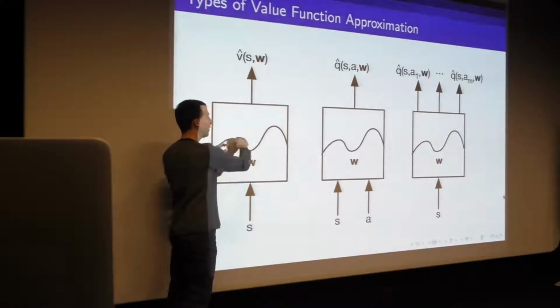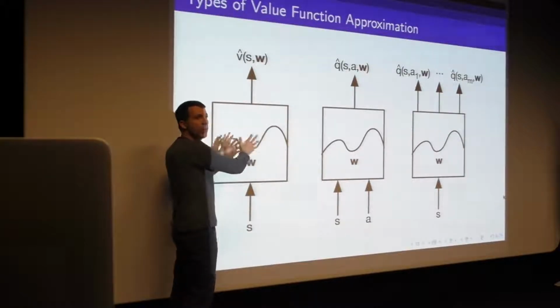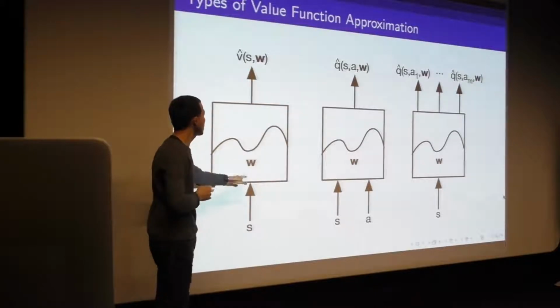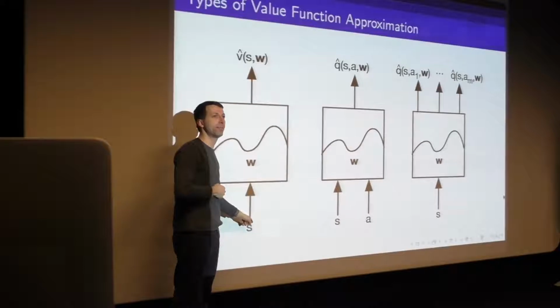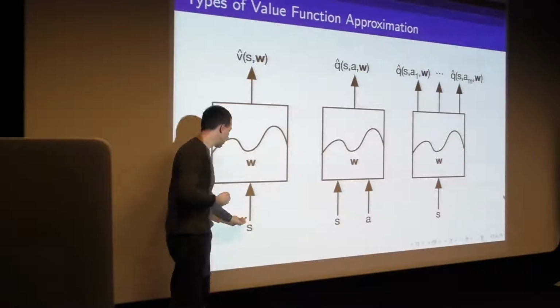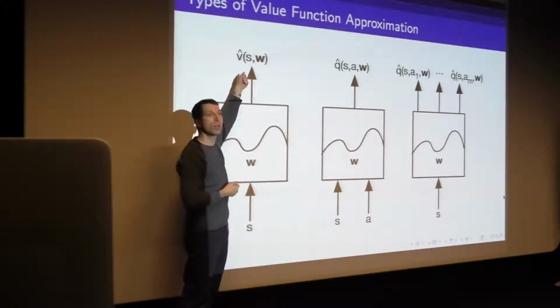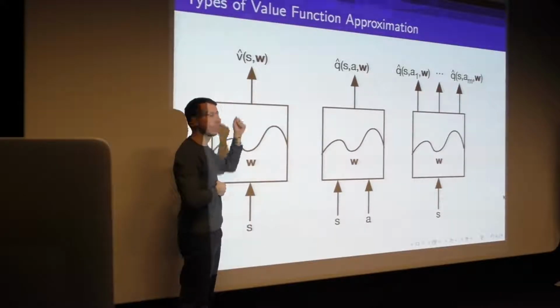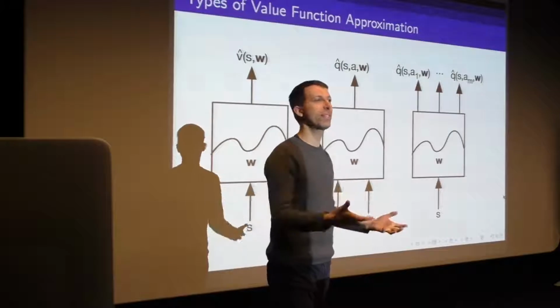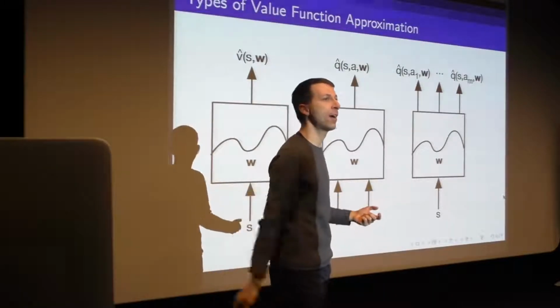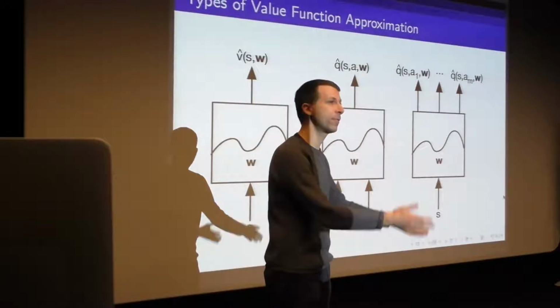The way in which w affects this is just part of this black box. We don't worry about that. What this thing is going to spit out is the value function at this query state S. So we feed in S, and this thing estimates how good it is to be in S. We feed in, I'm in this state over here, and this thing says, aha, you're going to get 7.6 units of reward discounted over the rest of your trajectory.